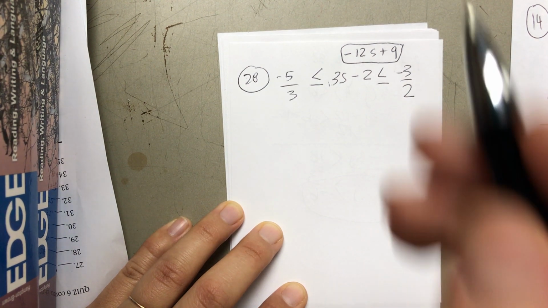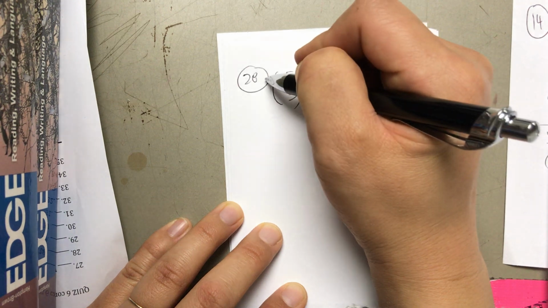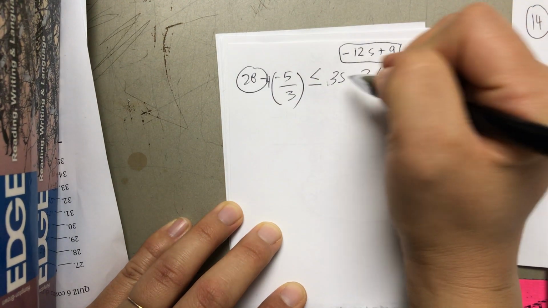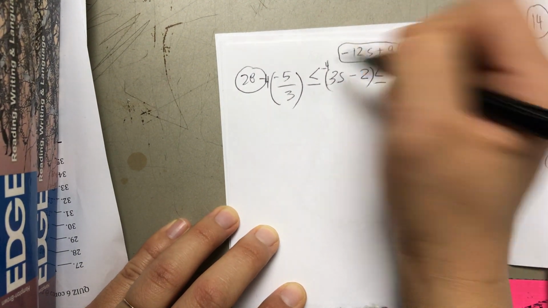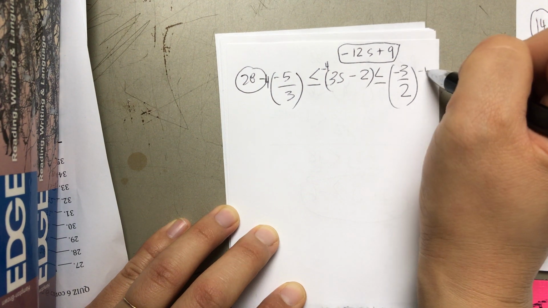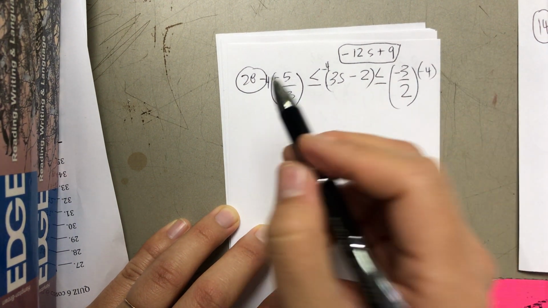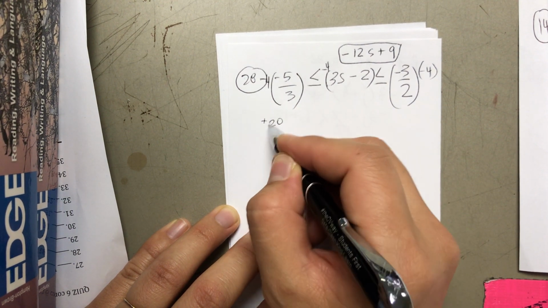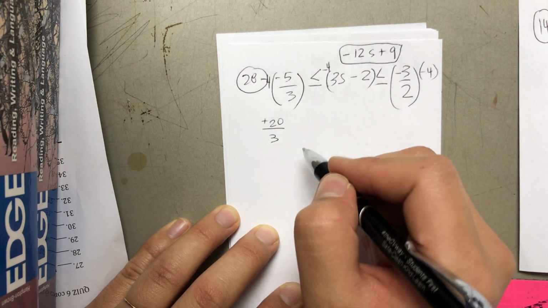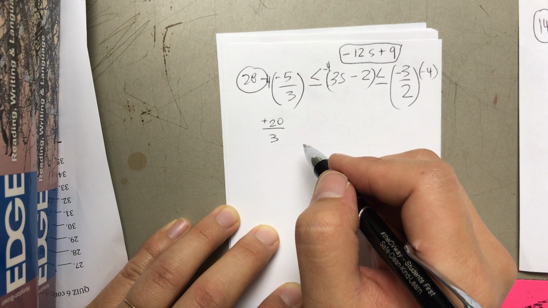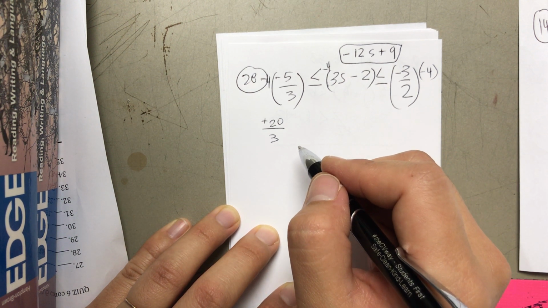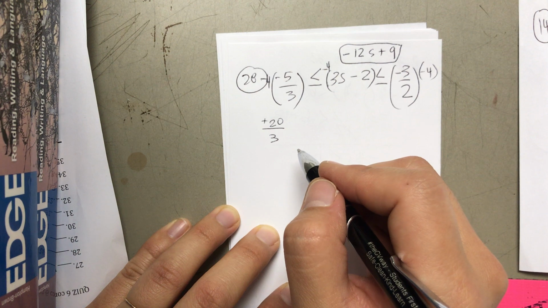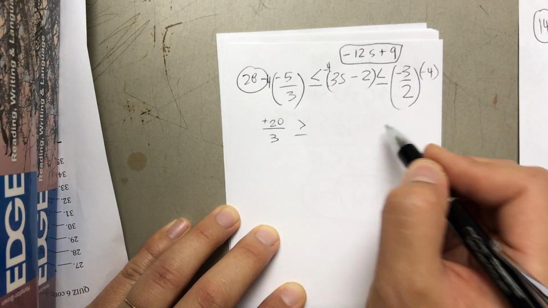So what I'm going to do is multiply everything by -4. I'm going to multiply this whole thing by -4, and I'm going to multiply this whole thing by -4. Okay, so negative times a negative is a positive 20/3. And because I multiplied by a negative number, I have to flip the signs, okay?